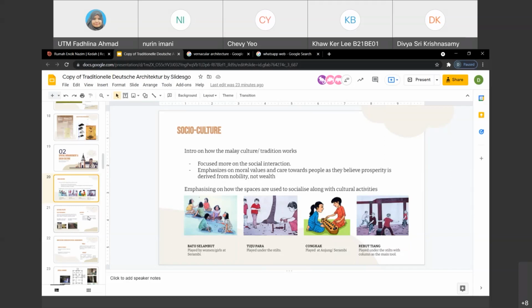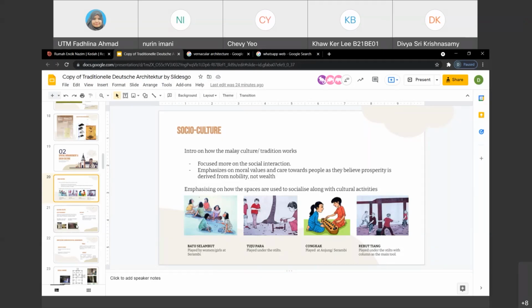So I'm not sure whether it is considered a traditional game. Oh, it's not old. Okay, doctor, I'll do more research. Please check on the Rebut Tiang, because we usually played it in our school during 1990-something. Okay, doctor. That's why it is important for you to have all the references. I want to check whether the references are valid.